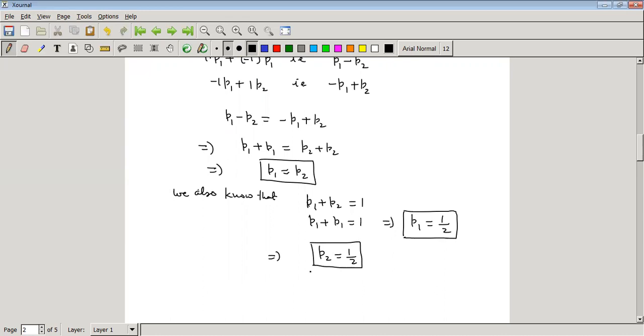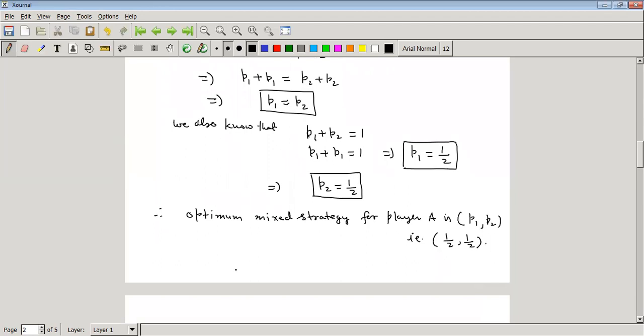So we can write, therefore, the optimum mixed strategy for player A is P1, P2, that is half comma half. Right?